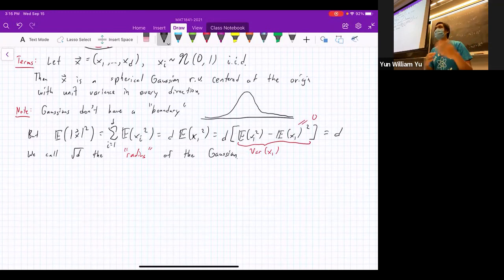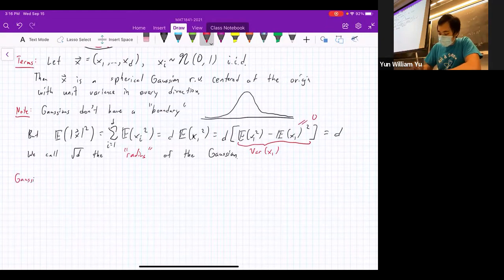This is what we were doing with all these tail bounds and concentration inequalities, because we were saying the probability that you're too far away from the expectation is small. We can do the same thing for these Gaussians: most of the probability mass is concentrated near the expected value. That's exactly what we're going to do now. We're going to show that with high probability, we are near the expectation.